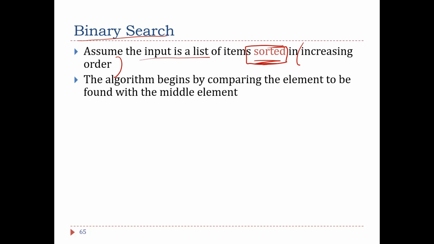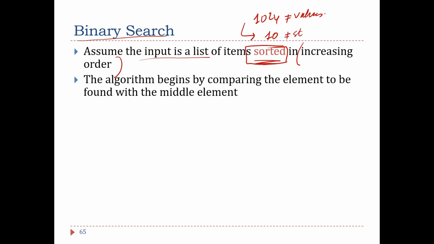Well, we can do much better. You will see that even if you have 1024 different values in the array, you can find your value in only 10 different steps.